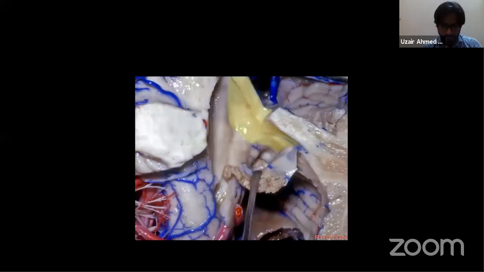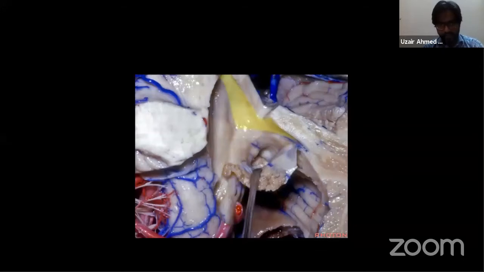This is the superior cerebellar peduncle that is forming the lateral boundary of the superior part of the roof of the fourth ventricle, and this shows the inferior cerebellar peduncle that is forming the lateral boundary of the lower part of the roof of the fourth ventricle. So this is actually showing the roof of the fourth ventricle.